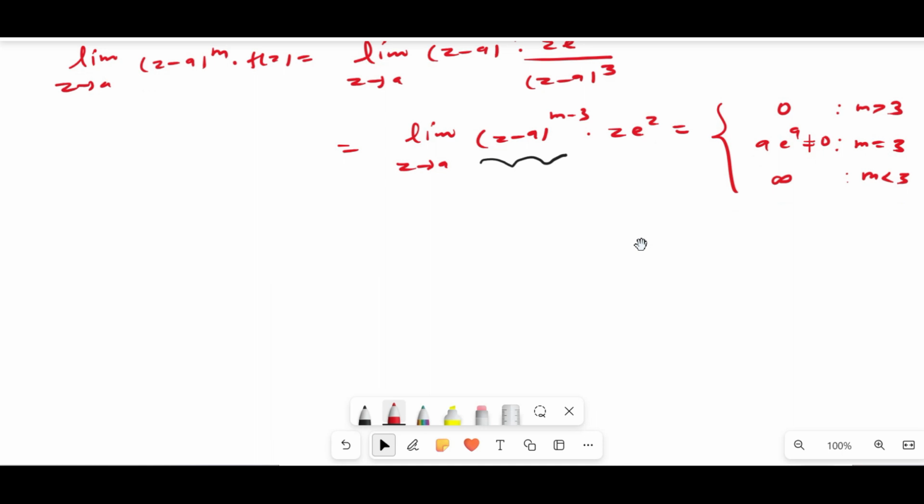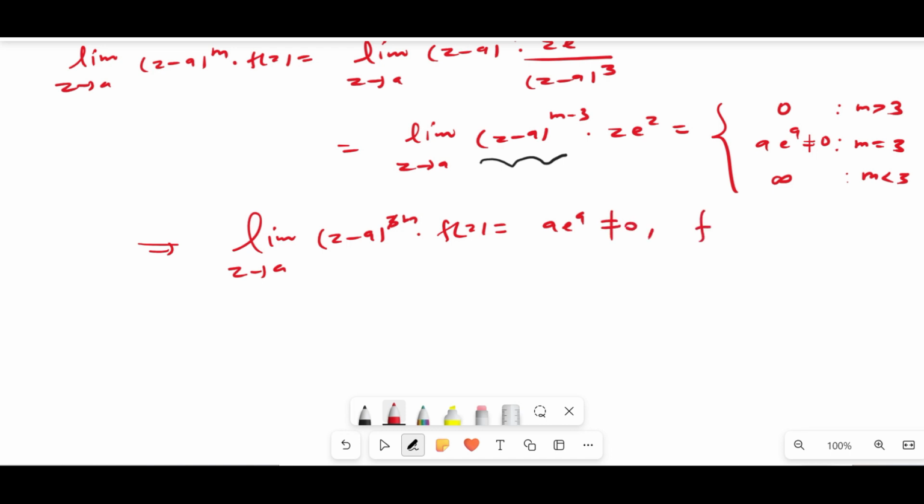So the limit z tending to a, z negative a to the whole power m, f of z is equal to a e to the power of a, which is a non-zero quantity, for m is equal to 3. So we can write z is equal to a is a pole of order 3.